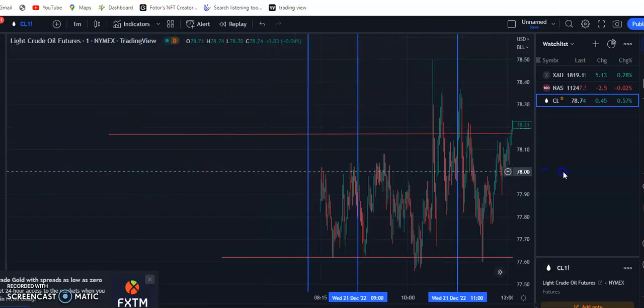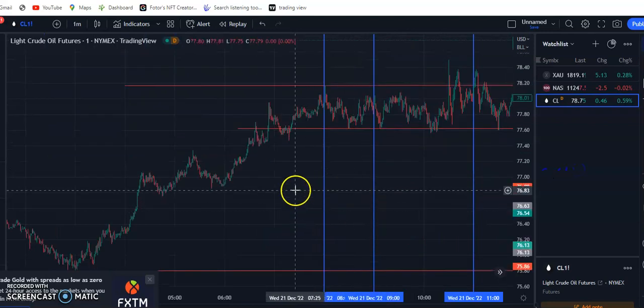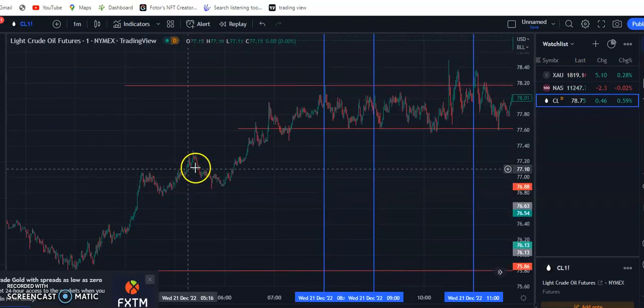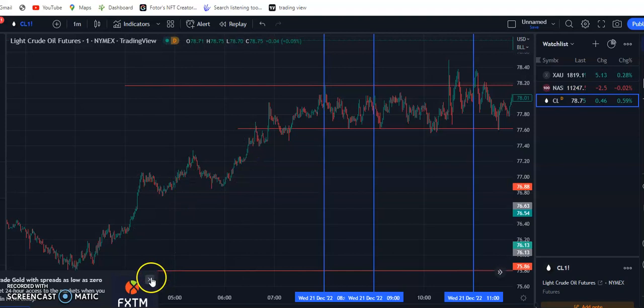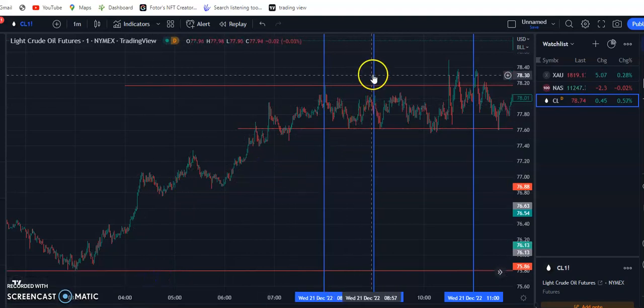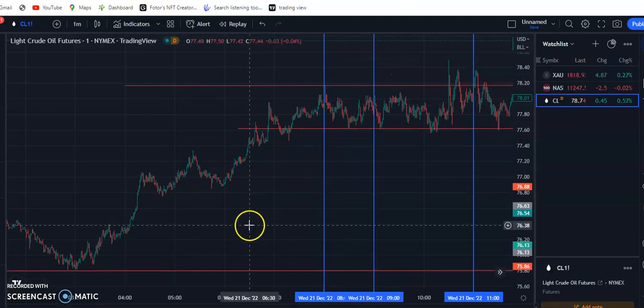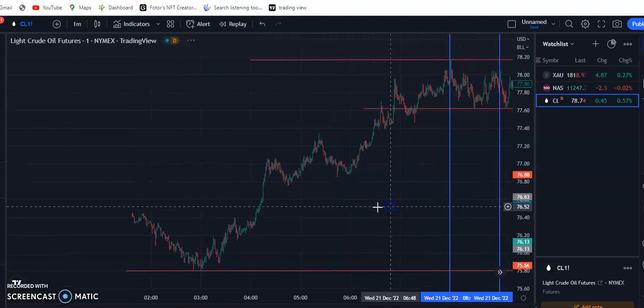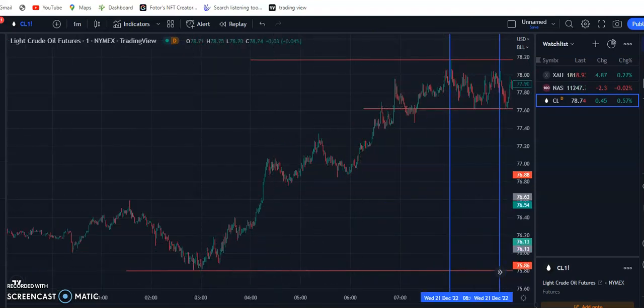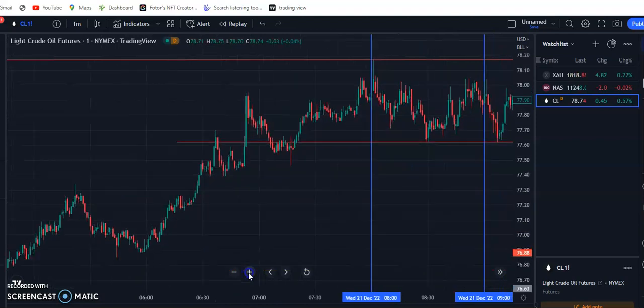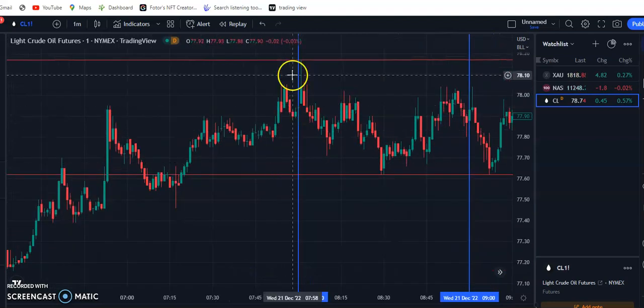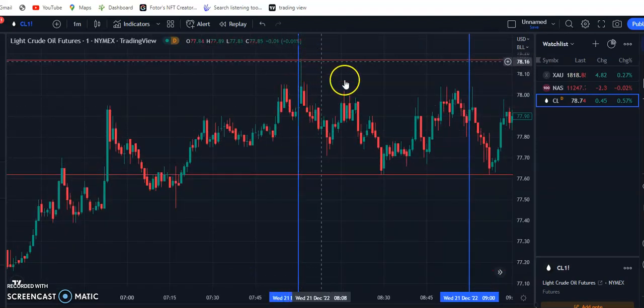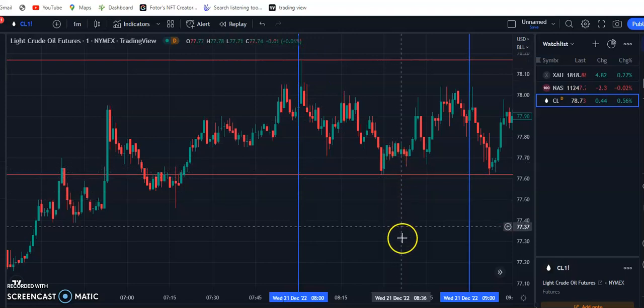So when you look at Nasdaq, the market was in a bullish trend, and the first hour gave us our high and our low of the session.